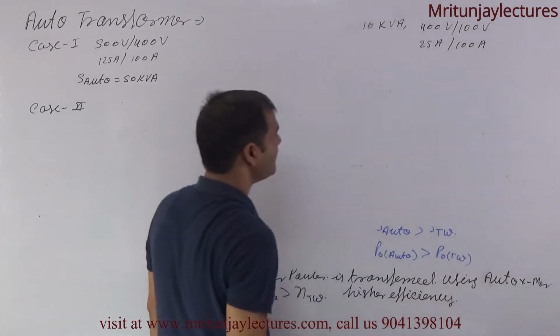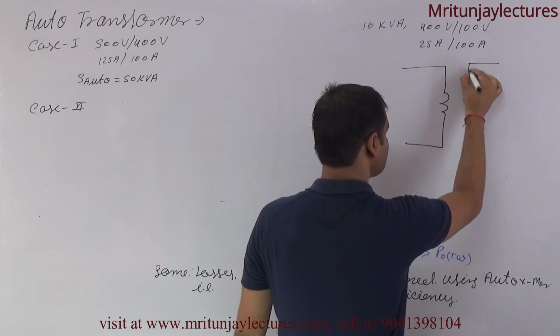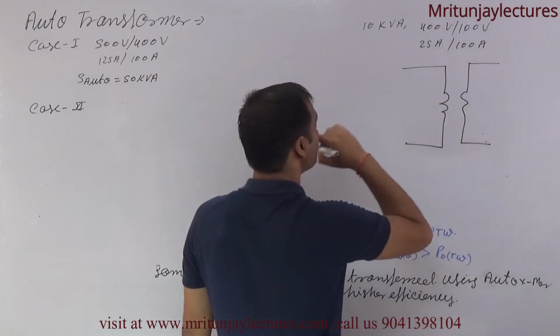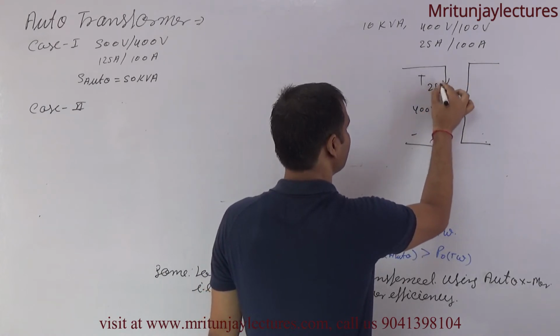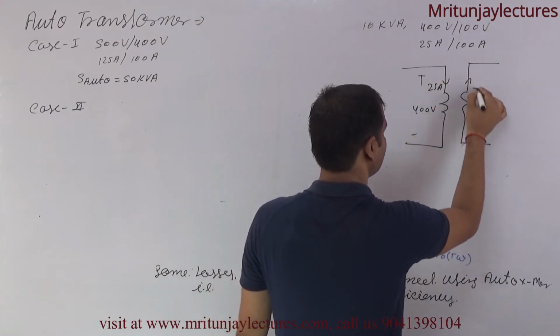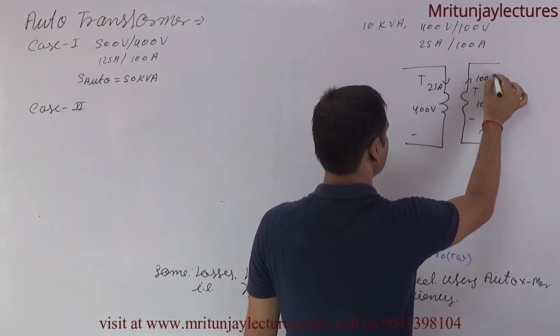Clear? Winding like this one: 400 volt, direction of current, and in this winding 100 volt, direction of current 100 ampere.